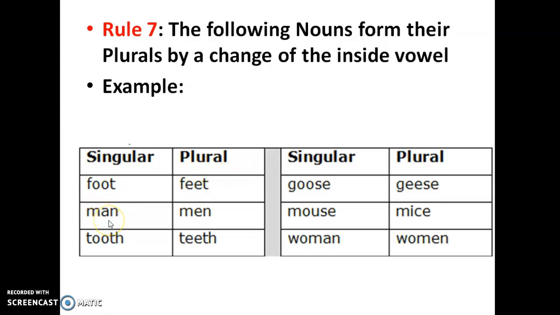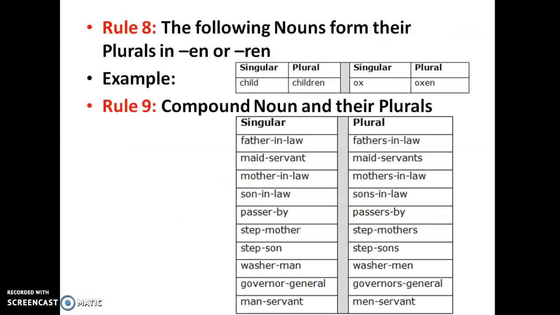Man, M-A-N, man. For plural, M-E-N, men. We are not going to add S or ES. We are going to change the inside vowel and bring the plural. Mouse, M-O-U-S-E. But the plural is mice, M-I-C-E. So these are the examples for this rule.